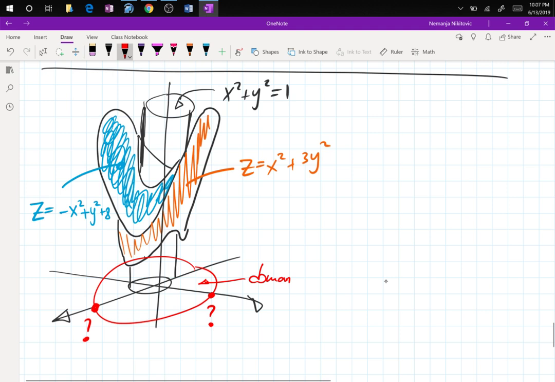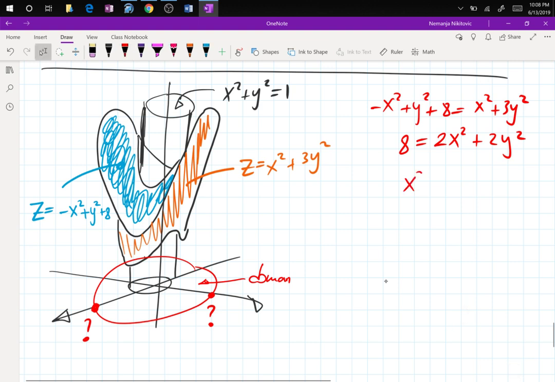So to find those values, I am going to set the blue equal to orange, because z equals z. So negative x squared plus y squared plus 8 equals x squared plus 3y squared, hoping to figure out what these endpoints are. As I move everything to the right, I get 8 equals 2x squared plus 2y squared.